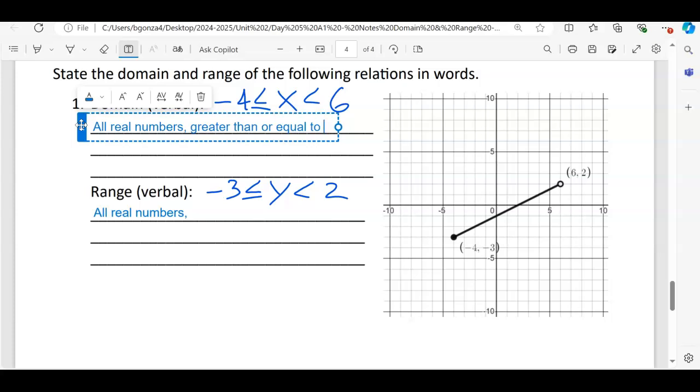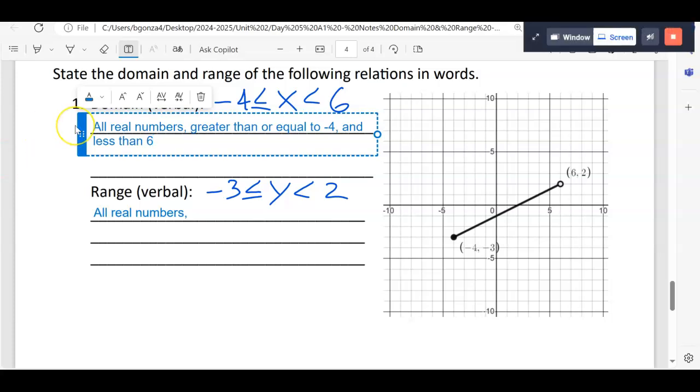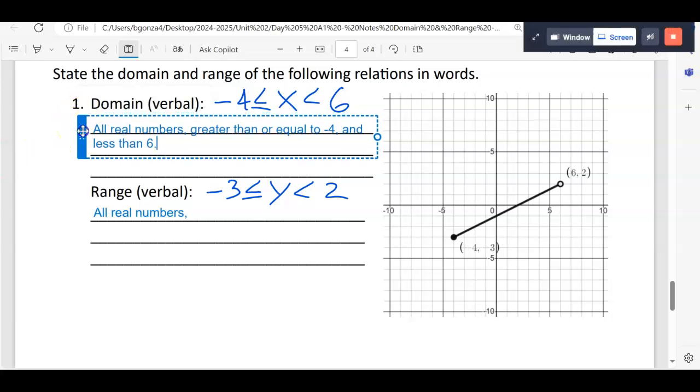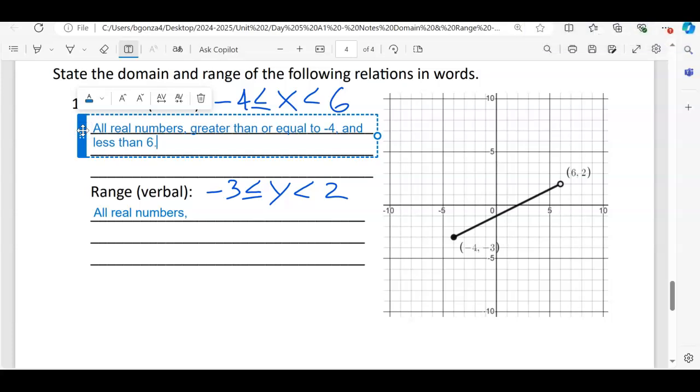And then the number is -4. And now instead of greater than, we're going to put less than. Now, is this one going to be equal to, if it's not underlined? No equal to. So just less than, what number on the right? 6. Period it. Okay. All right, write that down.